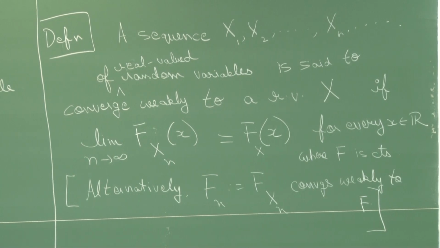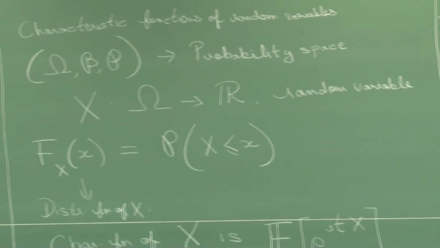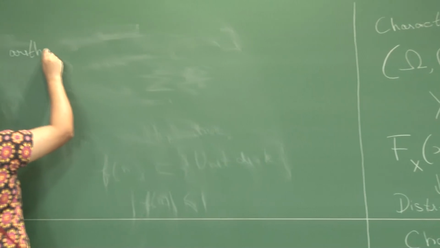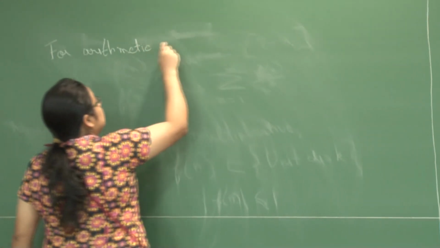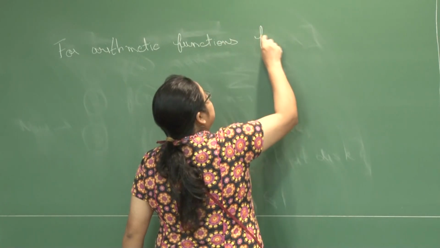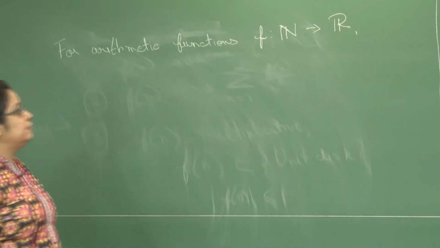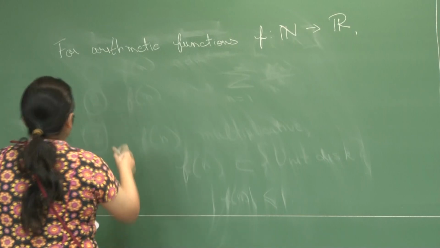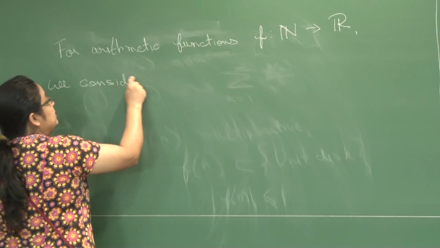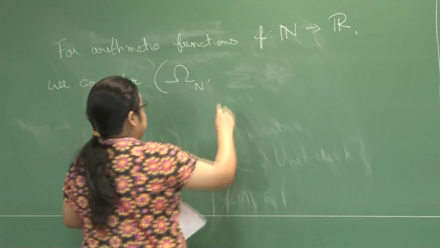So, let us take in the context of the kind of functions that we have been looking at, for arithmetic functions f which take real values, what we do is we consider the probability spaces omega sub n on, okay.